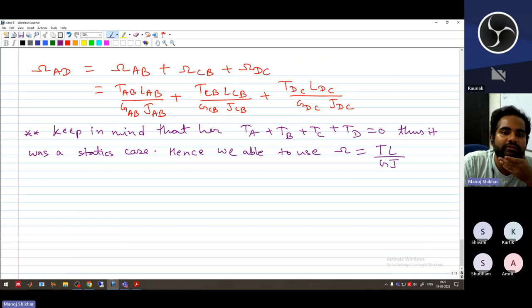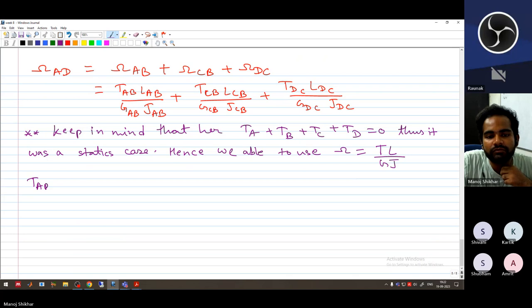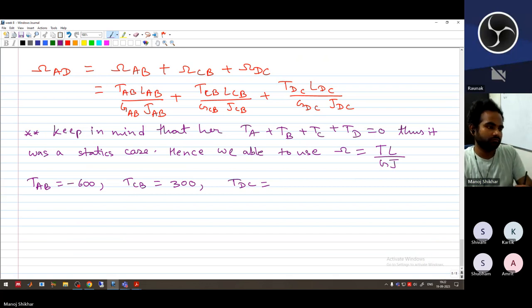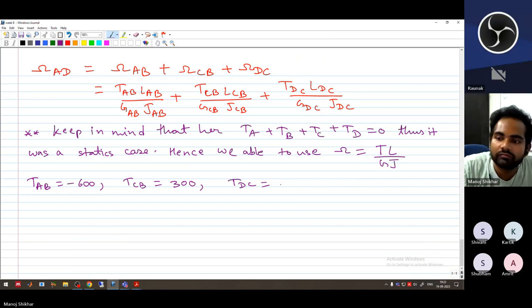Now just to find the numerical value, you can put TAB equal to minus 600, TCB equal to 300, TDC equal to minus 800, all in Newton meters.